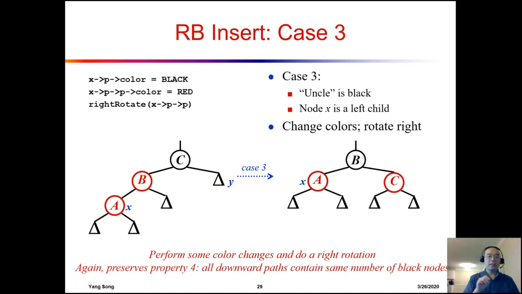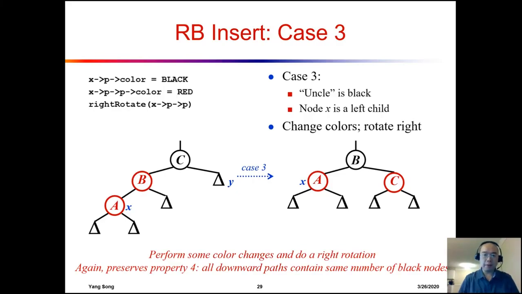In this case, we want to do a right rotation on the nodes C and B. After the right rotation, B will be the new parent, and A and C will be two children. At this point, B stays black, and A and C are both colored red. So this will solve the problem.